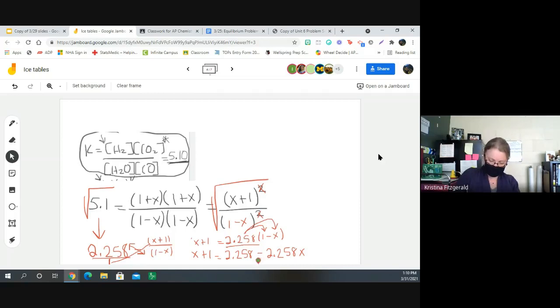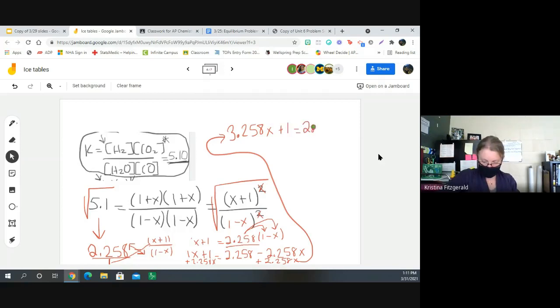So I'm gonna add 2.258 of the x's to both sides. Running out of space. Okay, so I have, sorry, think this through. So I've got one of the x's here, so I'm gonna have 3.258 x's now, plus 1 equals 2.258. Why didn't I round that number?